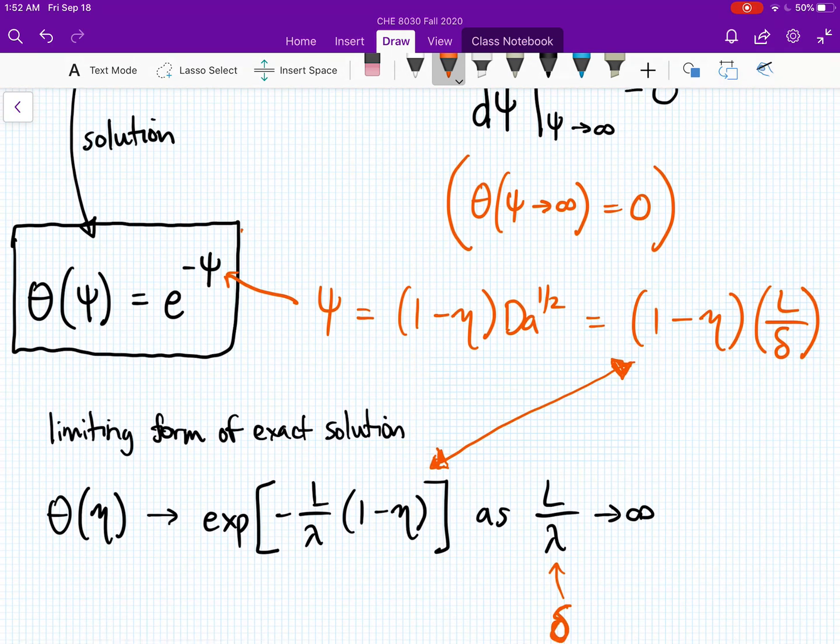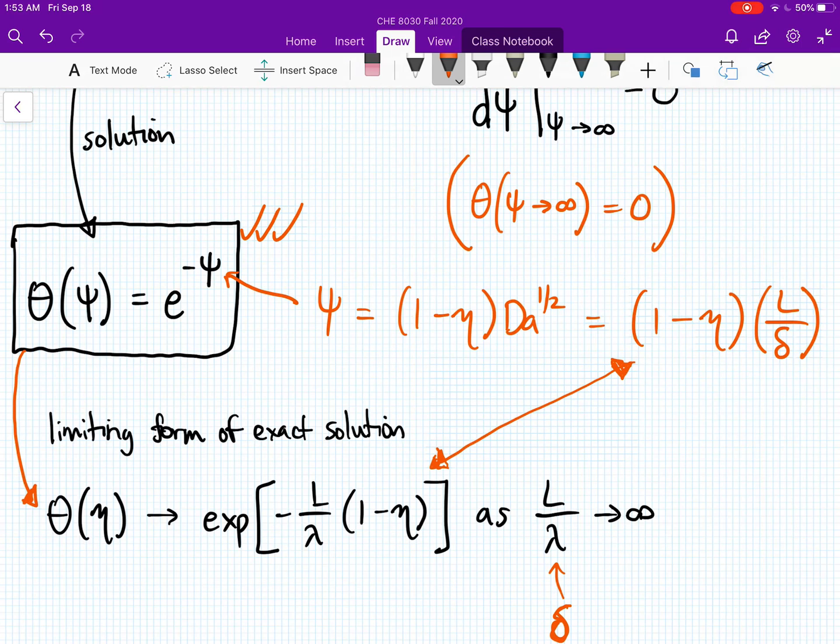And we ended up with an analytical solution to that differential equation that looked eerily similar to the limiting form of the exact solution that we went over a couple lectures ago.